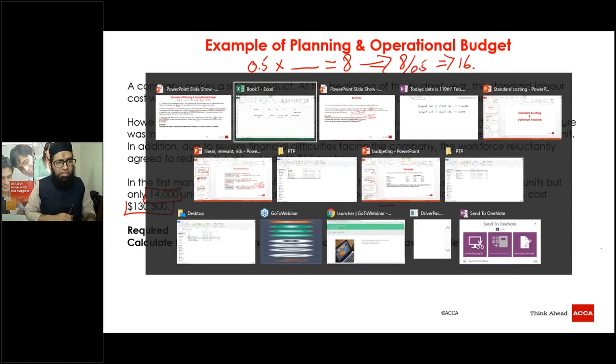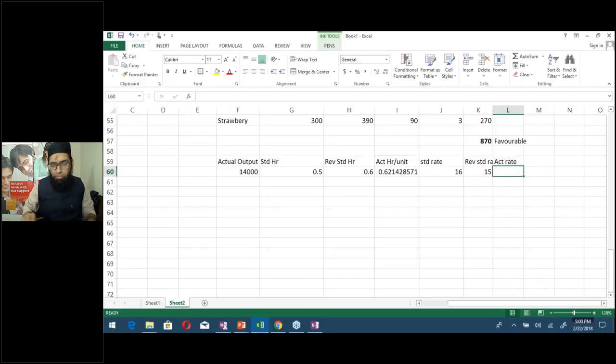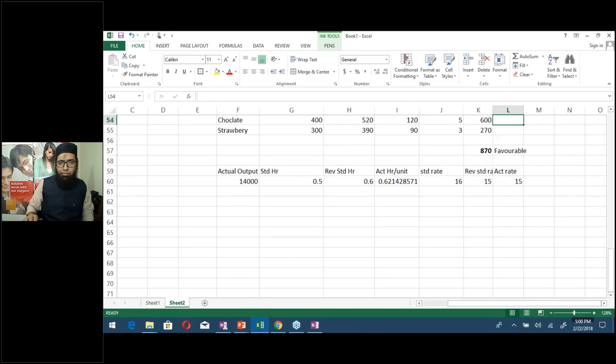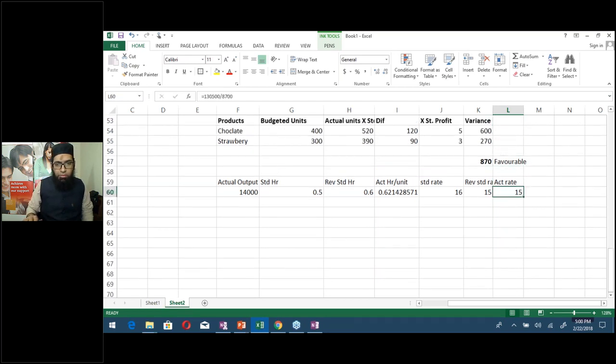So it will be 130500 divided by 8700. So this is also 15. So what I have done over here is, first of all, I have written all the required information in that.